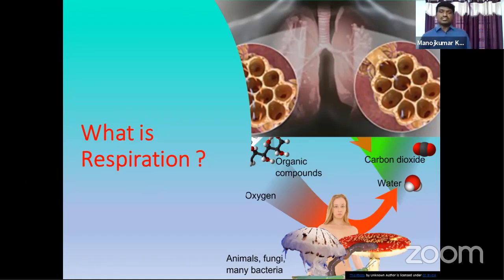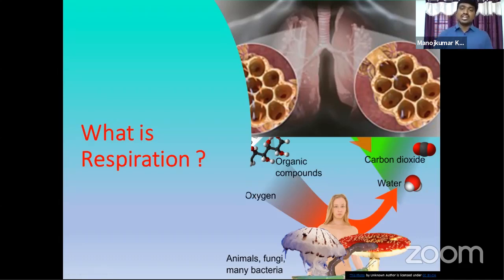Let us see, what is respiration? What happens exactly in respiration? Just now I told you about the oxidation of food. Here the food is nothing but the nutrients, the simple sugars, that is glucose. See here, the organic compounds, the nutrients, the glucose, amino acids, fatty acids, all these are organic compounds. These get burned or broken down in the presence of oxygen, which is nothing but oxidation of food.